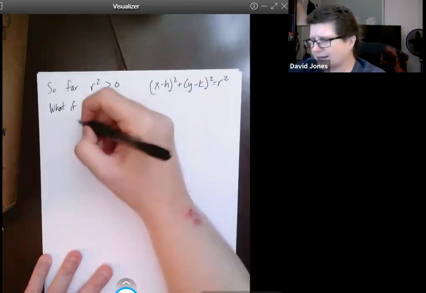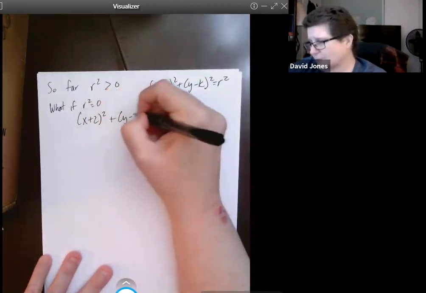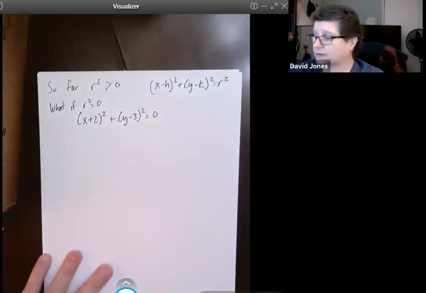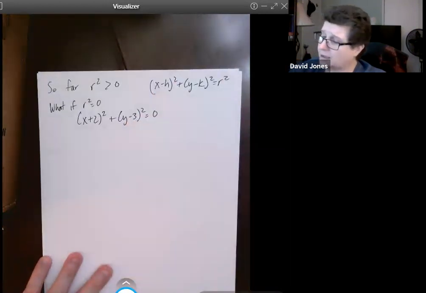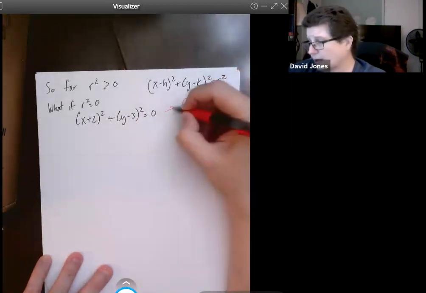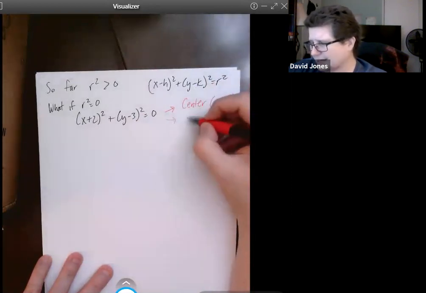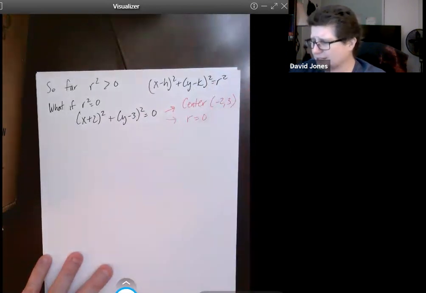Let's say I've got (x plus 2) squared plus (y minus 3) squared equals 0. My center is (-2, 3). My radius is the square root of 0, which is 0.